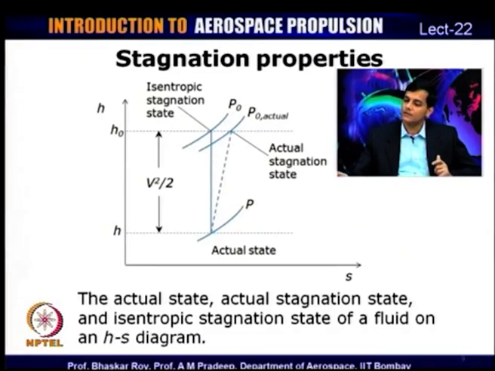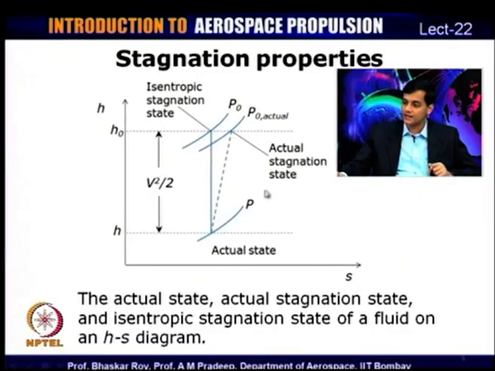So, the actual state of the fluid is represented here at state 1, which is the initial state where it has a certain enthalpy H, and correspondingly there is an entropy as well, and this is on a constant pressure line.